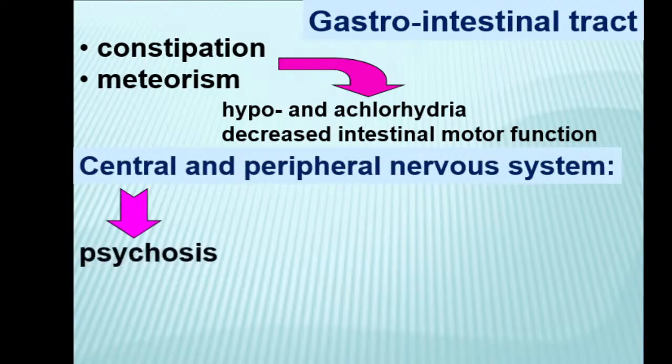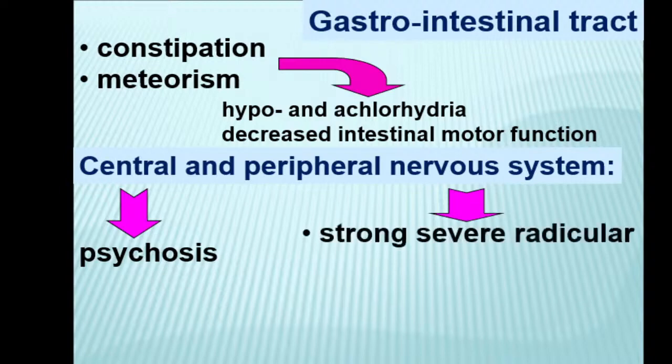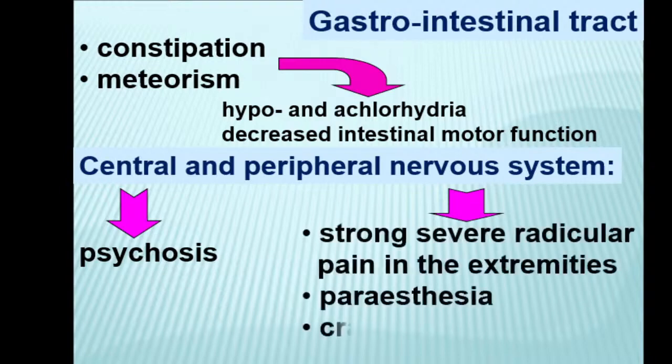Nervous system: you saw primary signs of hypothyroidism manifested with depression of the nervous system, but if the level of enzymes significantly decreases, there may be complications such as psychosis, overexcitation, and sometimes the patient enters the neurological department with radicular pain, especially problems with extremities.